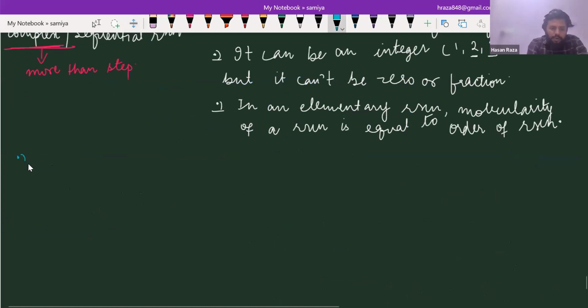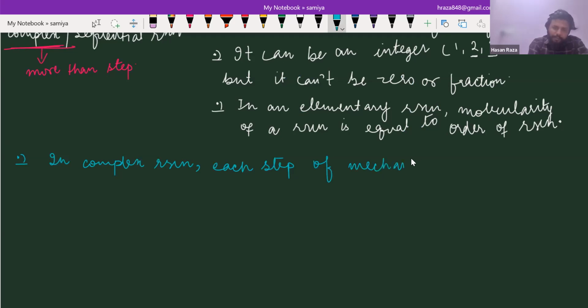One more point I am going to write. Complex reaction: each stage of the mechanism is defined separately.